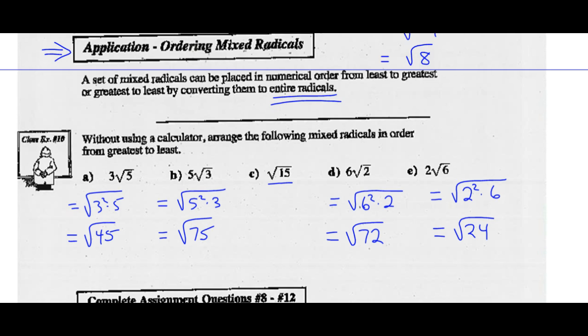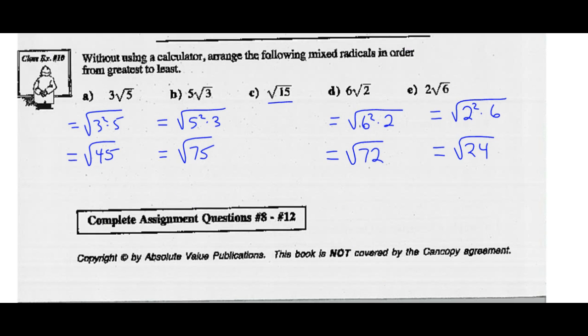Well, now we can see it's very, very easy to identify the largest value here. The largest value is going to be radical 75. So if I order these, it's going to be 5 radical 3, which is the same value as radical 75. And then radical 72, which is 6 radical 2.